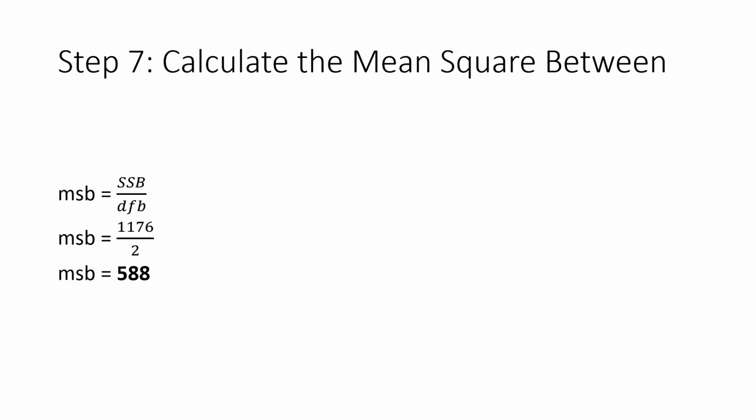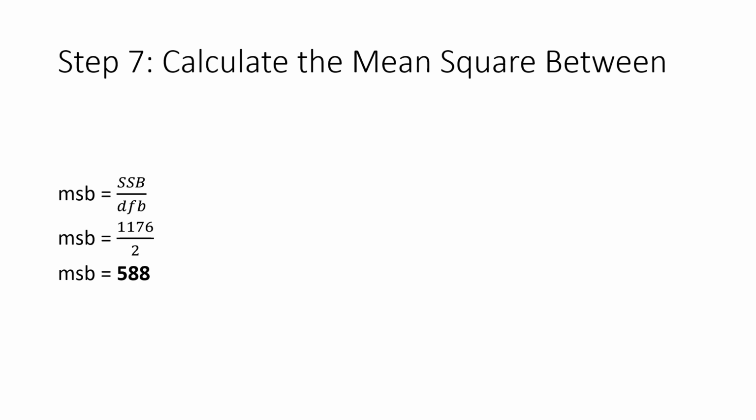The next step is to calculate what is referred to as the mean square between. So this is a fairly simple calculation if you've already calculated the sum of squares between, which we have, and the degrees of freedom between, which we also have. So you'll recall the sum of squares between resulted in a number of 1176, and our degrees of freedom between corresponds to 2.